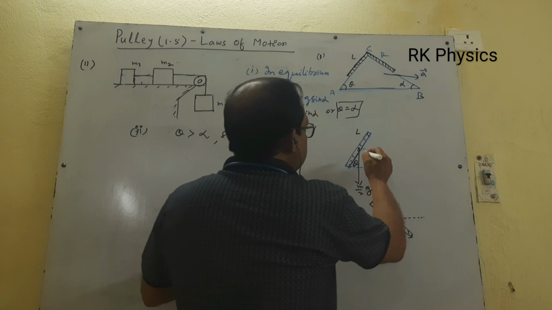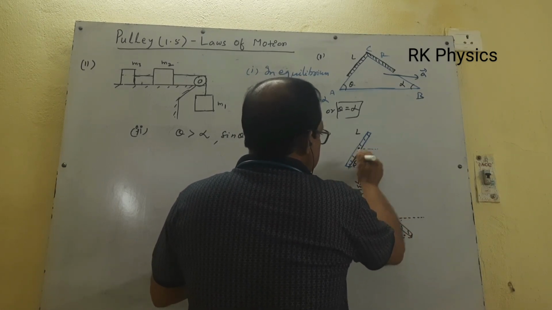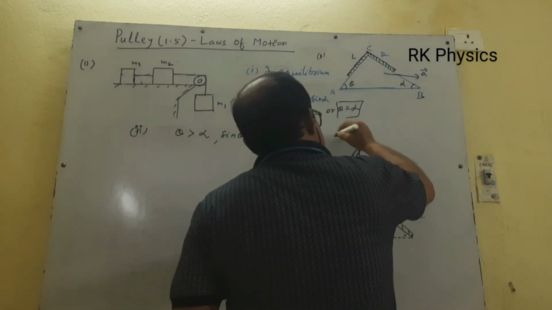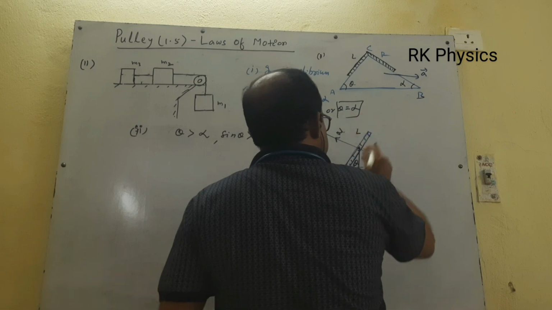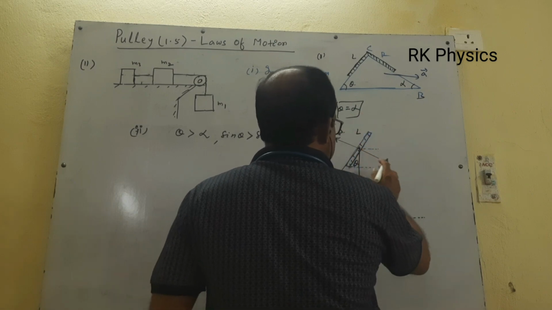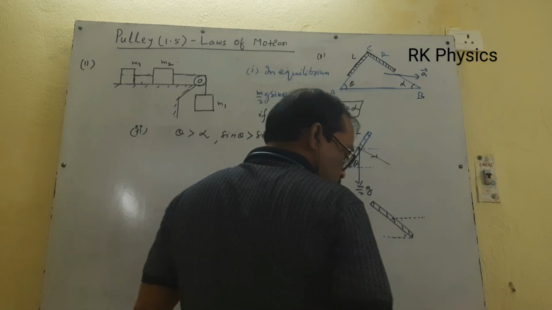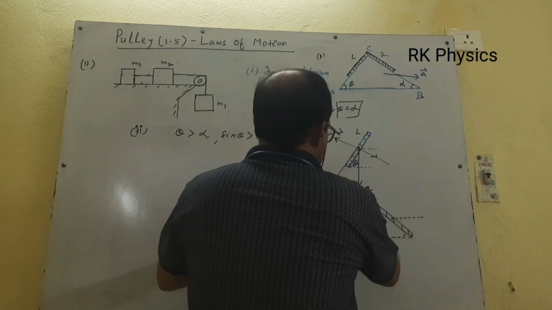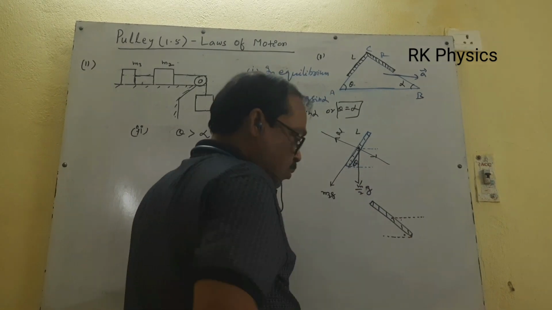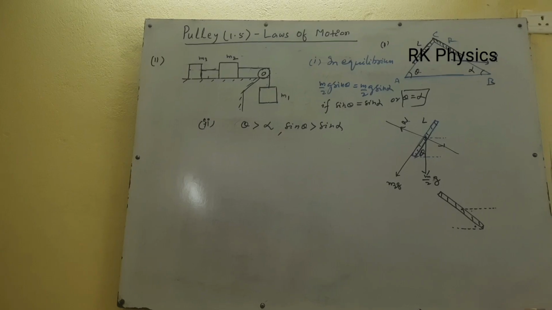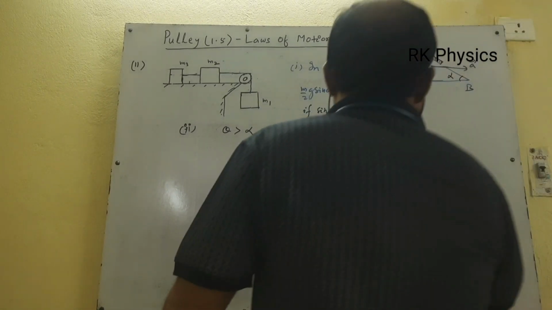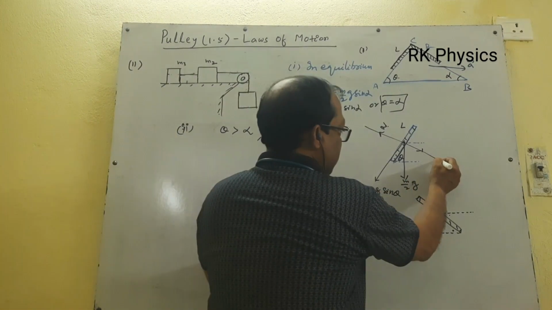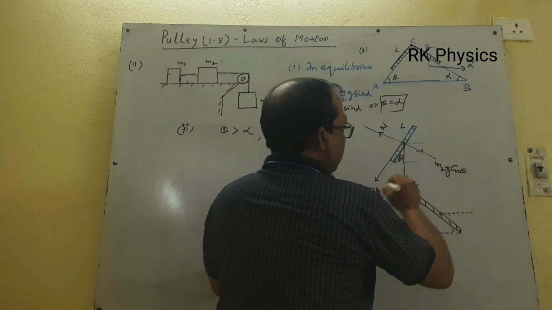This is the normal reaction. m by 2 g sin theta is along this direction, and m by 2 g cos theta is along this direction.